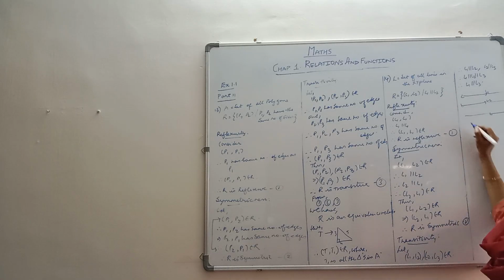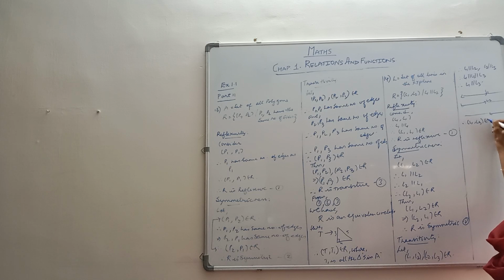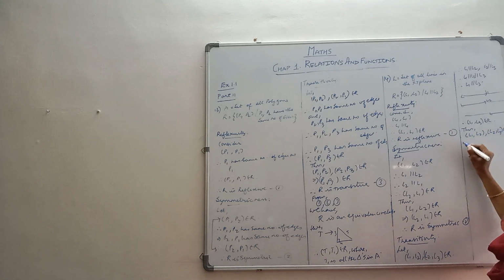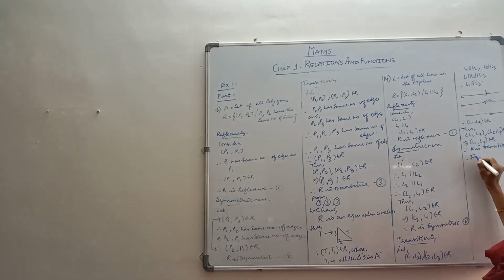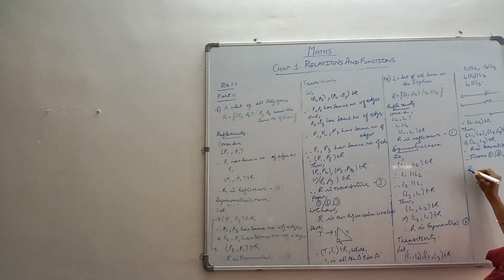So therefore, (L1, L3) will belong to R, because once they are parallel, they belong to R. So starting with (L1, L2) and (L2, L3) belonging to R, we have shown that (L1, L3) belongs to R. Like that, R is transitive. Therefore, from 1, 2 and 3, R is an equivalence relation.